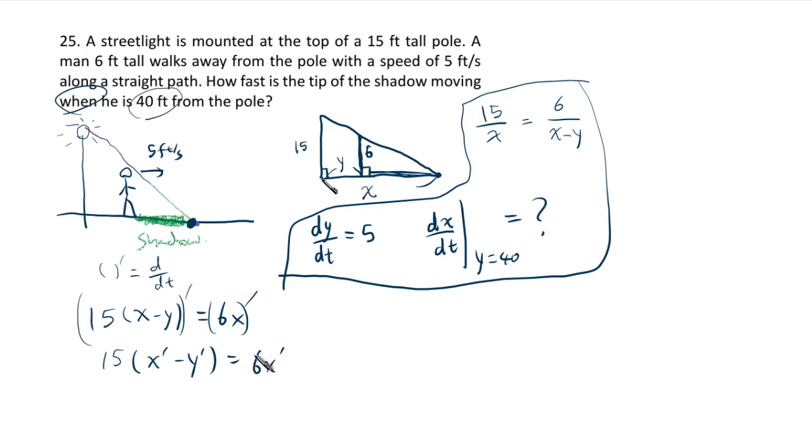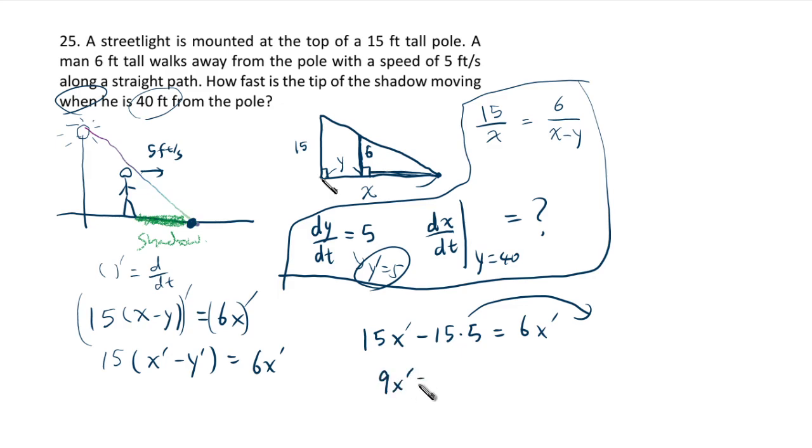And since dy dt means y prime, this means y prime is 5. We can now replace this by 5, and let's see what we have. 15 times x prime minus 15 times 5 equals 6x prime. 15 times 5 is 75, so I'm going to move it over there. 6x prime moves here, so you have 15 minus 6, which is 9x prime, equals 75.